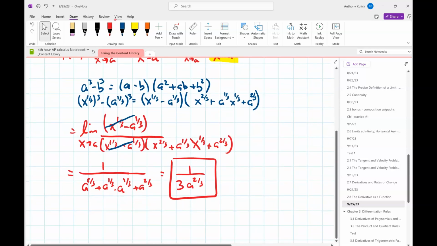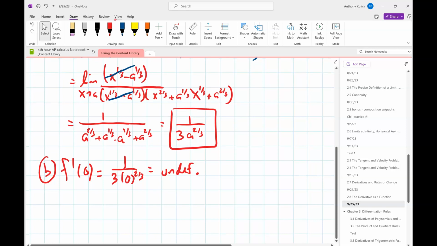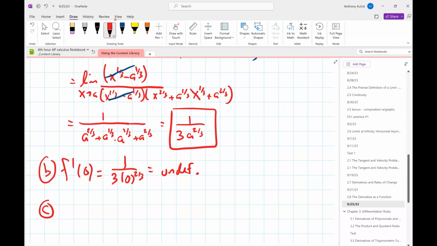Part B is easy, though, because f prime of 0 is clearly undefined, right? Yeah. Okay, awesome. And part C says, show that the cube root of x has a vertical tangent at (0, 0).